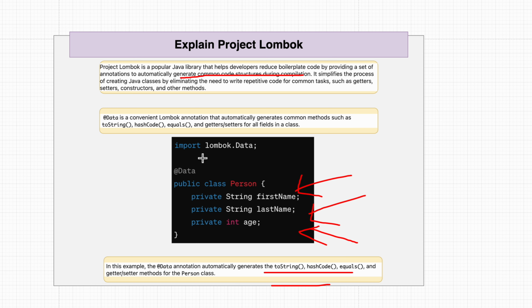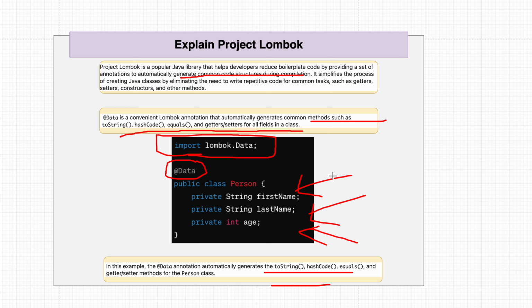But if you have Lombok in your project and you put @Data, it will do the whole magic. The complete magic will be automatically done for you. So @Data is a convenient Lombok annotation that automatically generates common methods such as toString, hashCode, equals, getters, and setters for all the fields in the class.